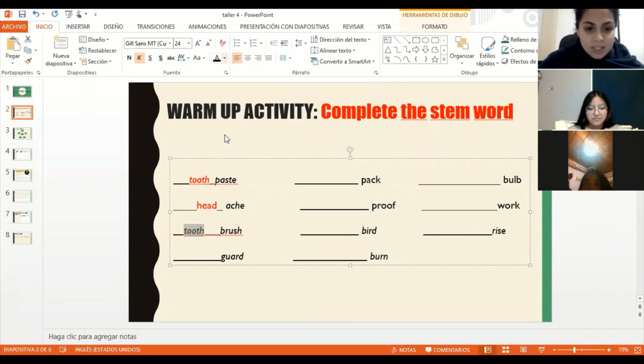All right. Now, Jessie, do you have the guard word? Could you come up with anything for guard? What do you have for guard? So when someone tries to protect you, what is that person?